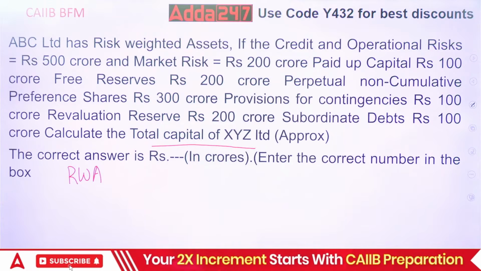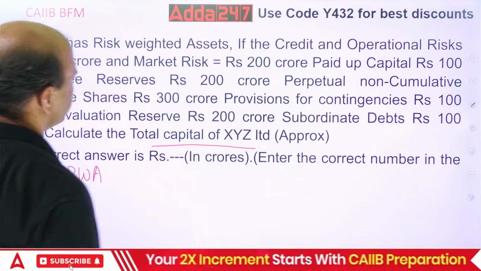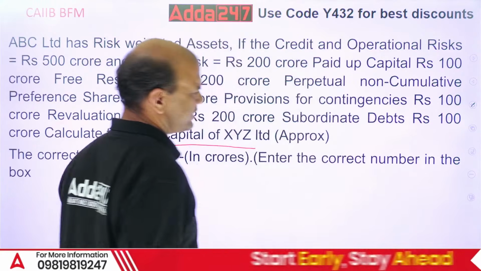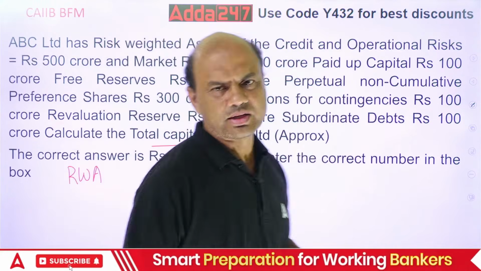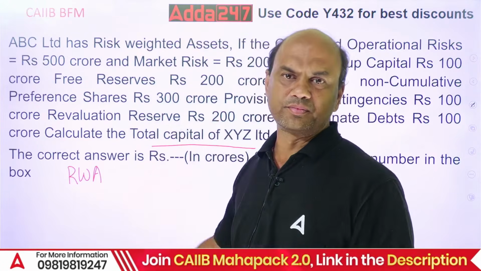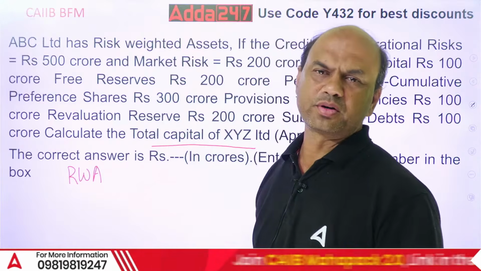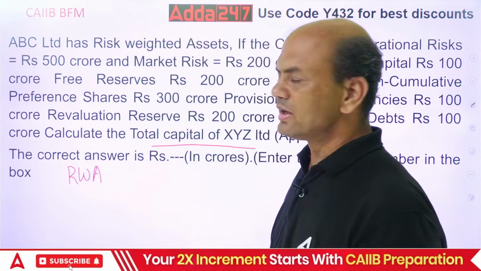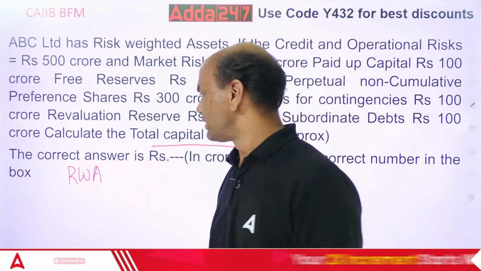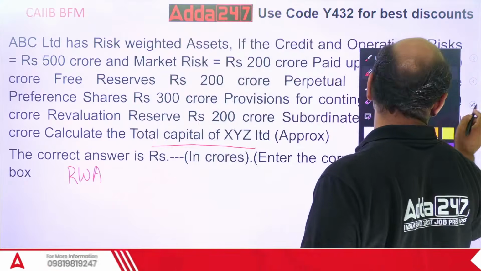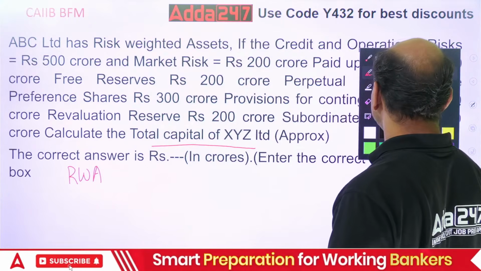Operations, credit, all three are given. Okay, now everything is fine. So you have to find out the capital now. Capital is what? Tier 1 and Tier 2. First, find out Tier 1. What are the elements of Tier 1 capital?